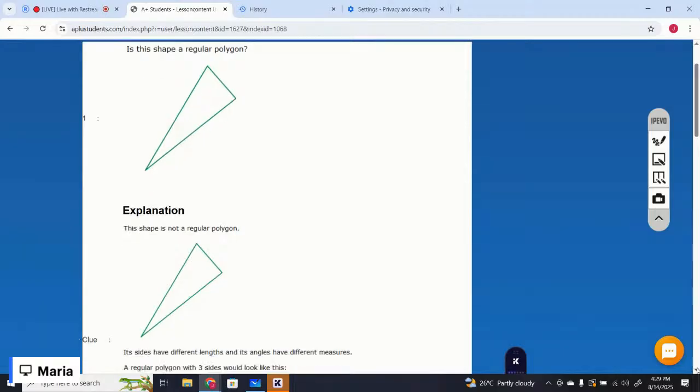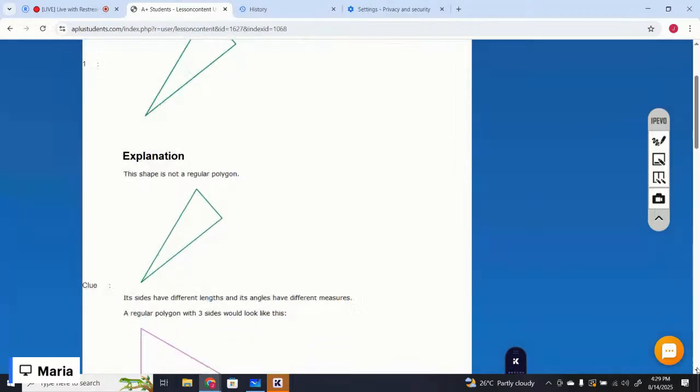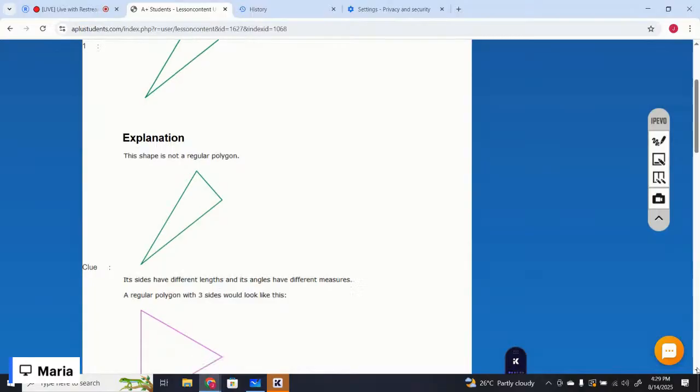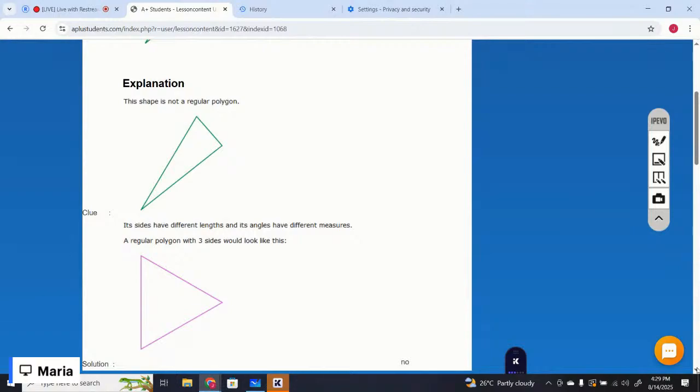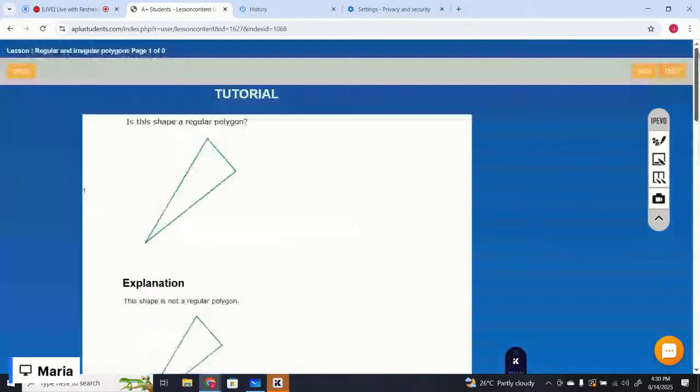The shape is not a regular polygon. Its sides have different lengths and its angles have different measures. A regular polygon with three sides would look like this: all three side lengths and all the angles must be the same. Let's just start with the test questions.